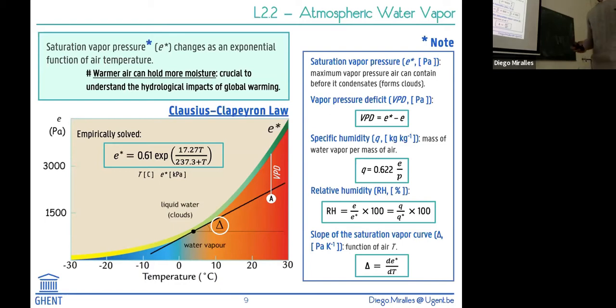So you can convert from one to the other. You just need to know the atmospheric pressure. Knowing it, you can put the humidity in units of pressure, so water vapor pressure, or in units of specific humidity, so kilograms per kilogram, right? So they are very related to each other.